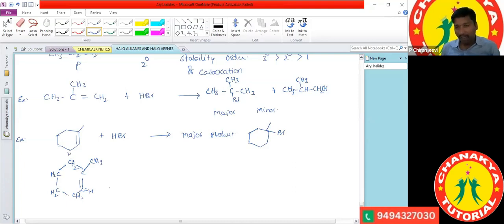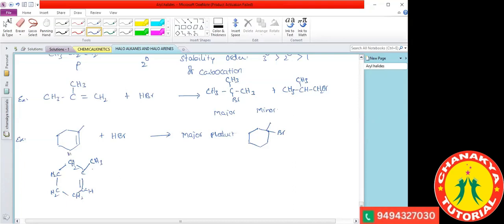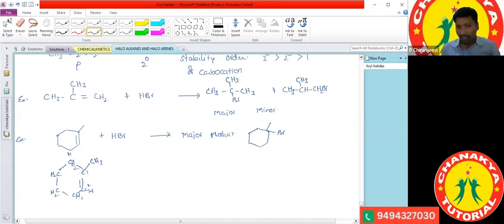Got the clarity, Ritu? Yes, sir, got it. This is the first position, this is the second position. This is the alkene part. According to the Markovnikov rule, at the first carbon atom and second carbon atom, which carbon has the least number of hydrogens?